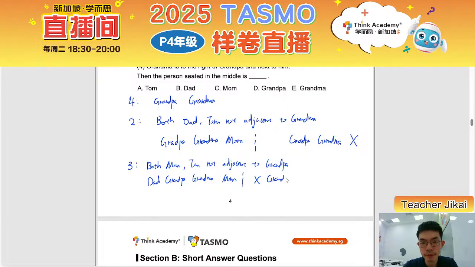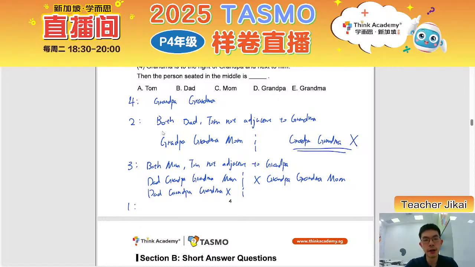And as Grandpa is on the leftmost, right? Grandma and Mom. And the third case is from where? It's also here, right? So we have Dad, Grandpa, Grandma, and nothing to the right. There are 3 cases.